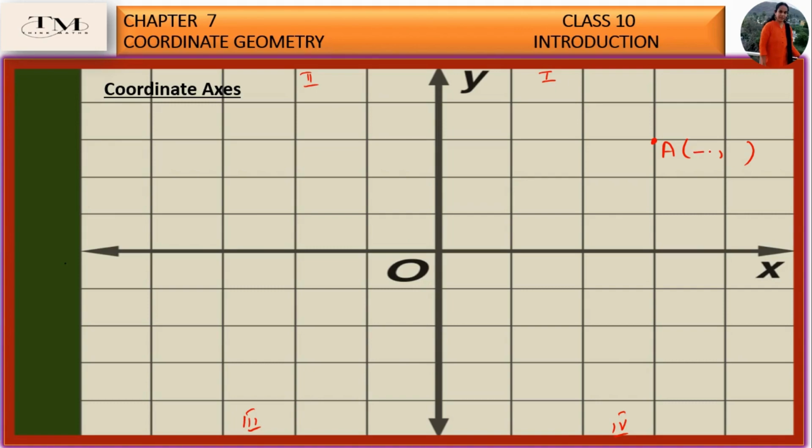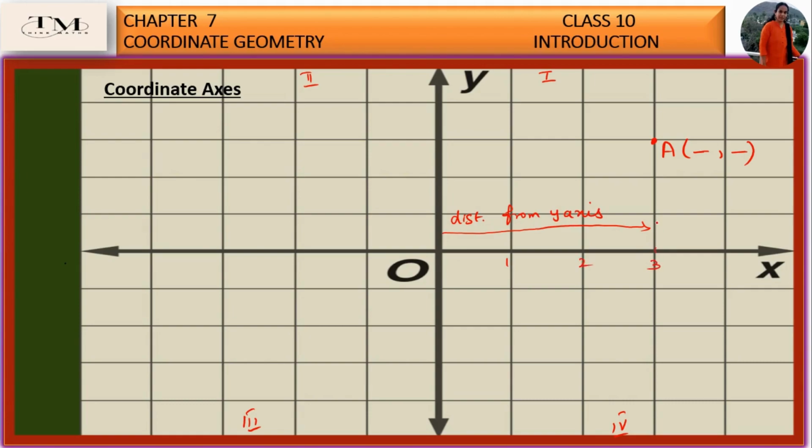There are two values separated by a comma. The first value is nothing but the distance from the y-axis. What point is here? 1, 2, 3.